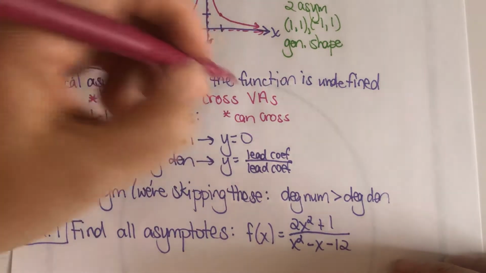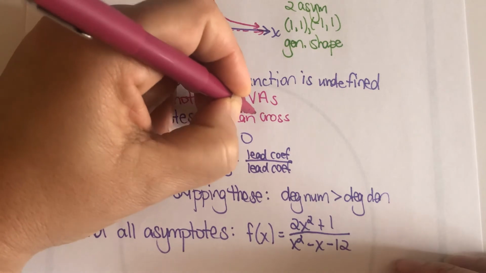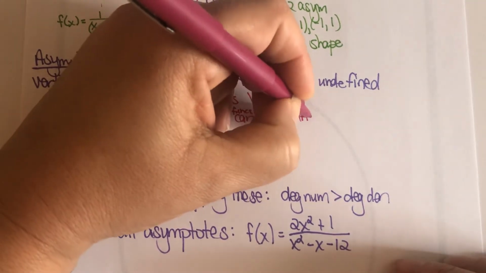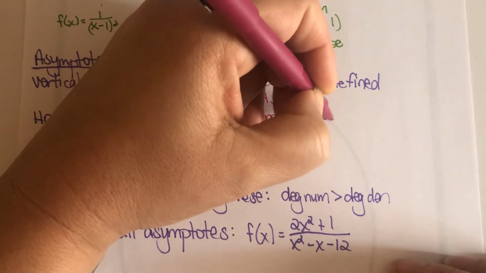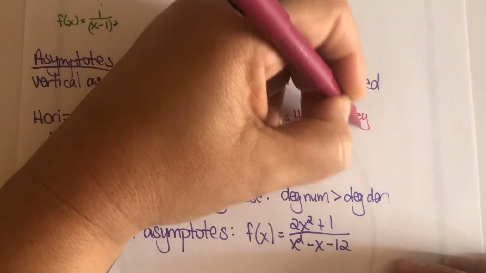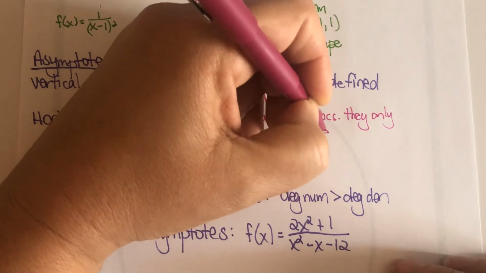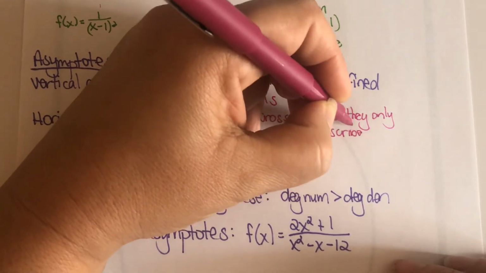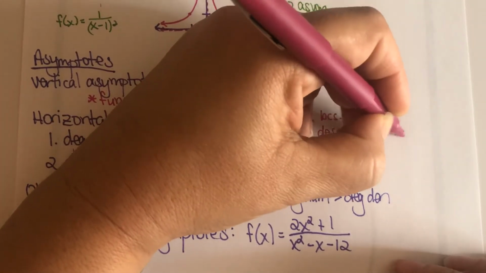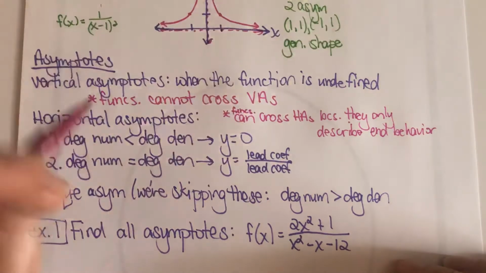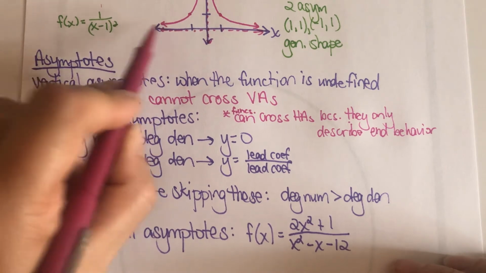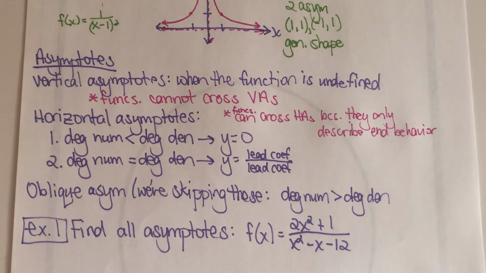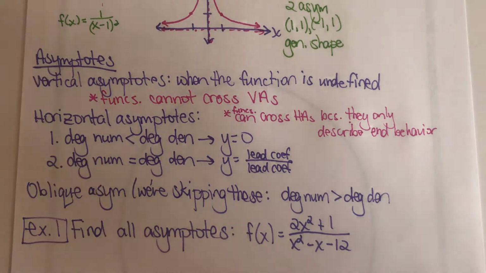Functions can cross horizontal asymptotes because they just describe end behavior, like I just mentioned. So we might see graphs that cross the horizontal asymptote in the middle, but then the end behavior is what we care about, way off to the left and way off to the right.